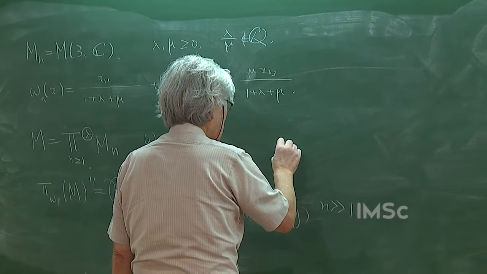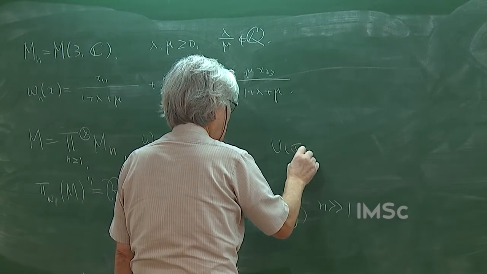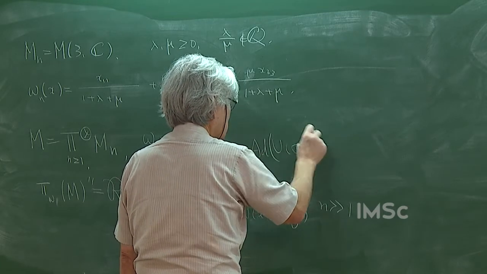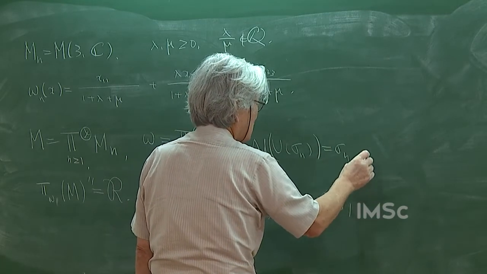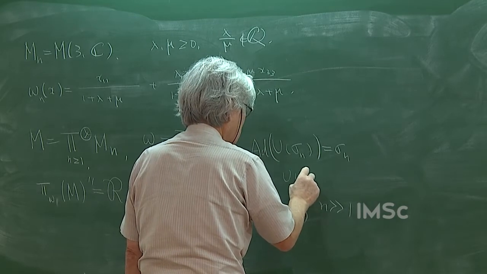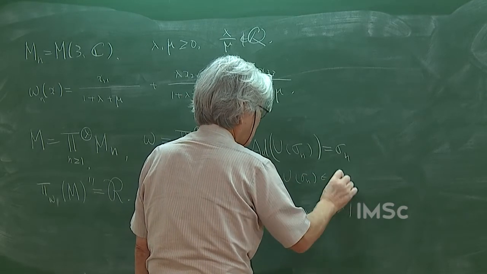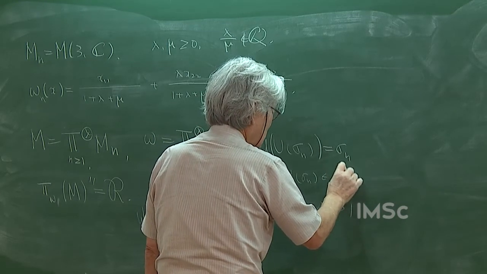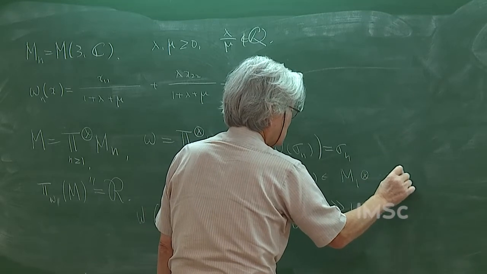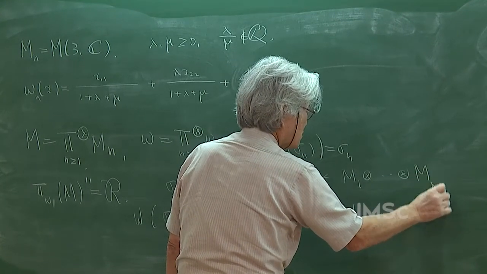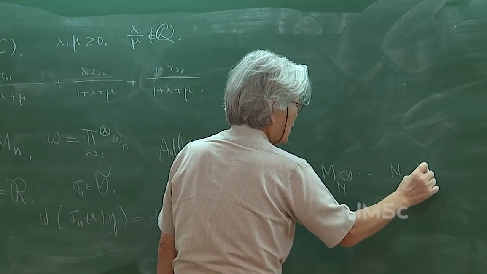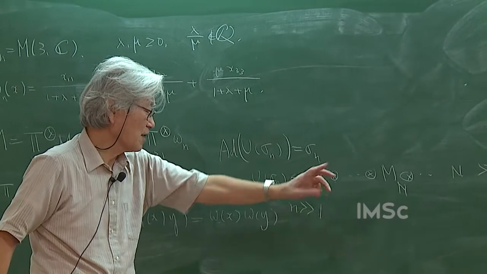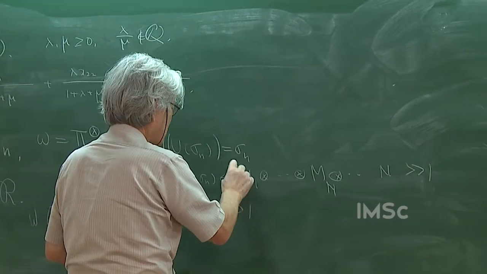Which means that there is a unitary U_sigma_n which implements sigma_n, and this U_sigma_n is in the algebraic tensor product M_1 tensor up to n large, of course much larger than n, and that's the unitary of this.